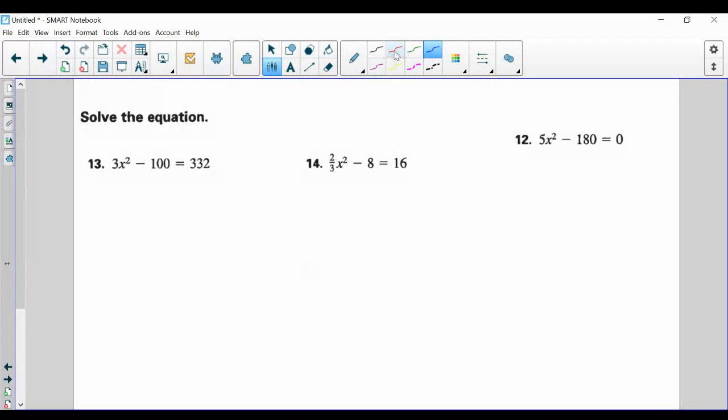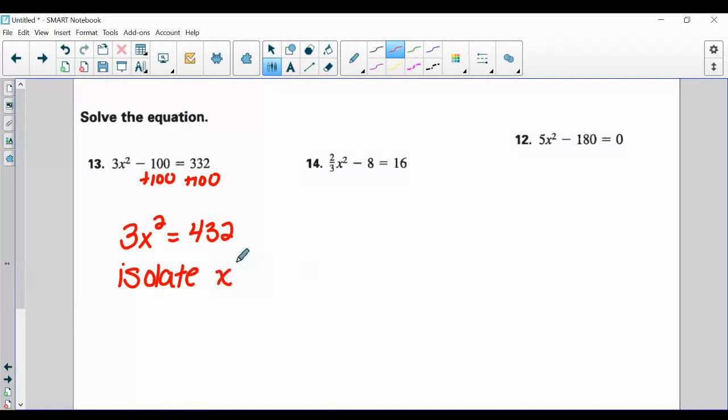On number 13, same idea, so I'll just get you started. We'll add the 100 to the other side, and we'll have 3x squared equals 432. And remember, I'm not going to take the square root unless it says 1x squared. We're going to isolate that x squared before we take the square root.